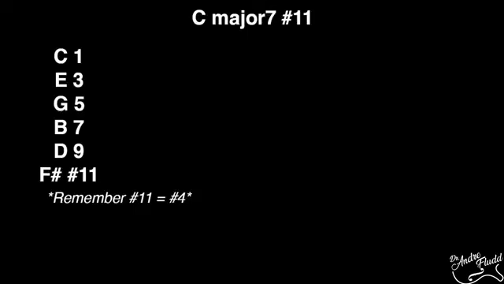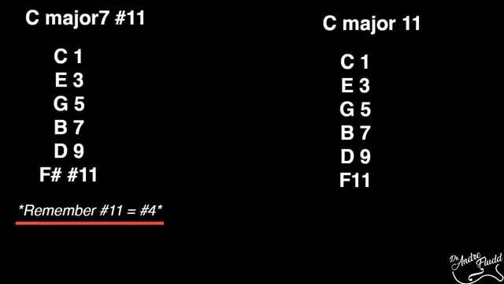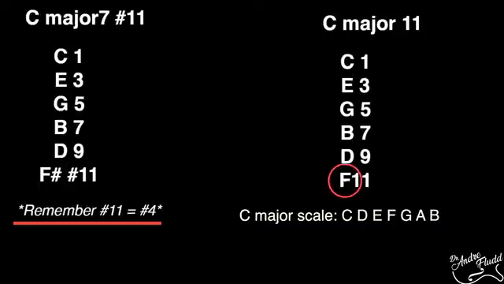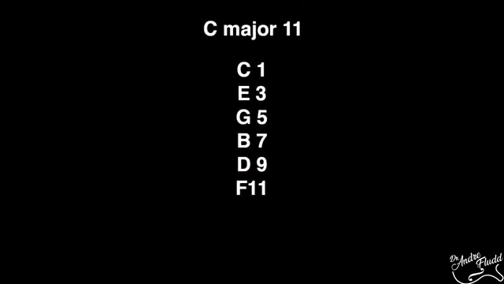Now, when you look at the intervals of this major 7 sharp 11 chord, you might assume that there must also be a major 7 with a natural 11 chord, since the perfect fourth is found in the major scale. Well, you could play a major 7 with a perfect fourth or an 11th, but this is pretty uncommon because playing a perfect fourth with a major third causes an often undesirable clash.